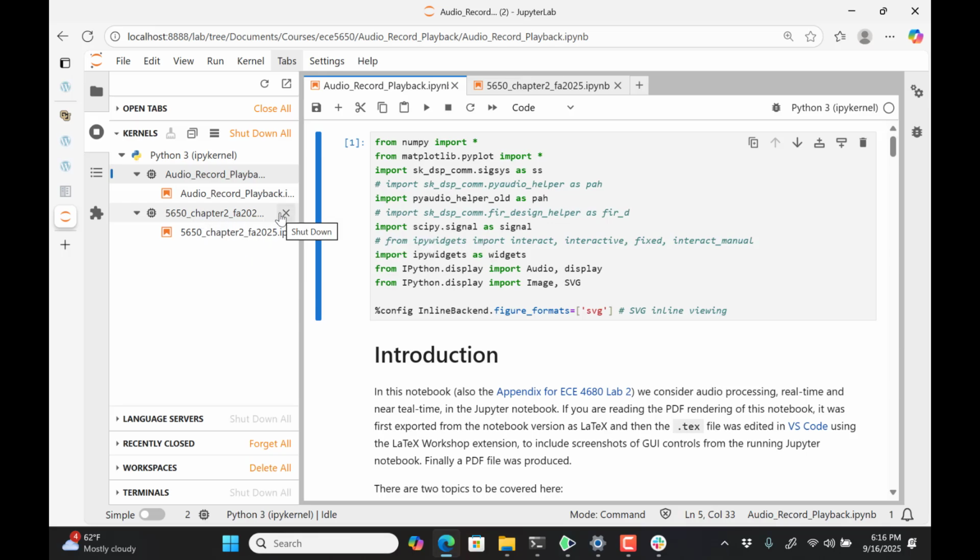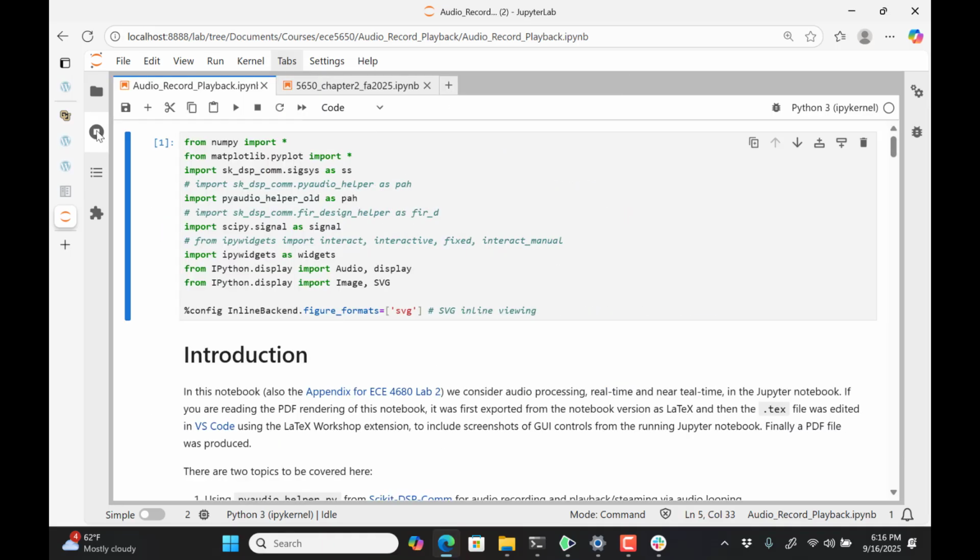And that's sometimes a good thing to do when you're closing a notebook. If you have a bunch of notebooks open, you're going to start having a lot of kernels of Python running, and you're going to be burdening your system down with some extra resource demand. So you can manage that in here. This is an engineering tool, so it's got all these controls, what I call tinkerer's delight, because that's what engineers are. We like to tinker with stuff. So we have all these controls available.